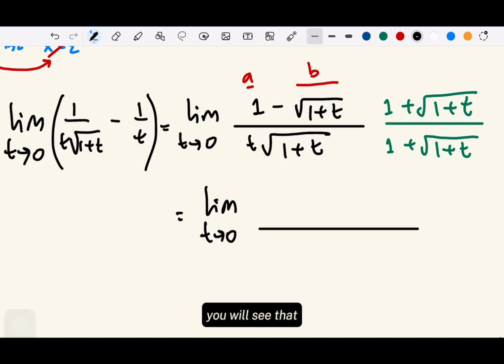You will see that every time you have 1 minus square root, you need to rationalize it equally. I'm asking. Yeah, you can try it. Try rationalize with this and try to check the result. If you don't try, you're not getting why we need to have it.